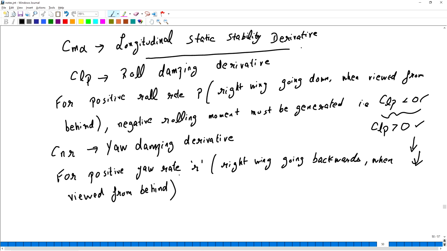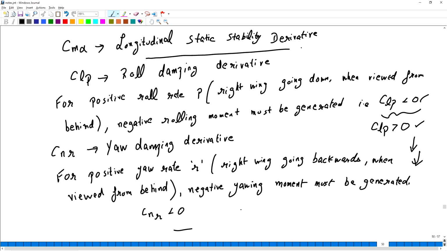So when we have positive yaw rate R, then negative yawing moment must be generated. That is, now the left wing should go back in order to be stable. So negative yawing moment must be generated. That is CNR should be less than 0.